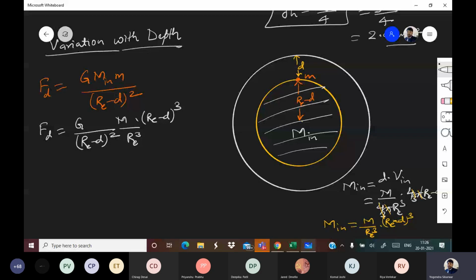Now pay attention, this is going to cancel this. F_d is equal to G M_E upon R_E square into (R_E minus d) upon R_E.